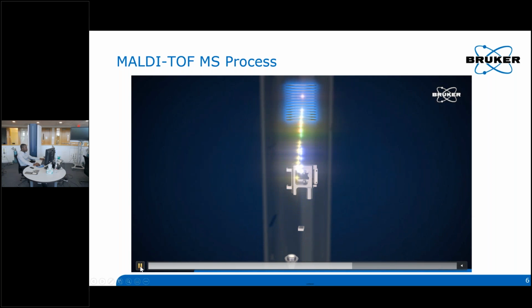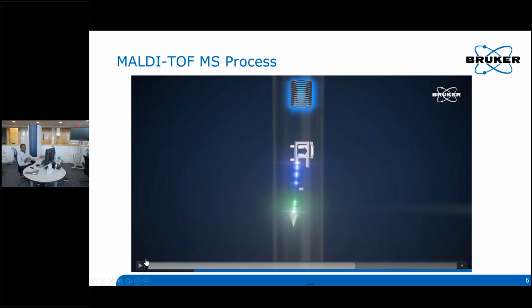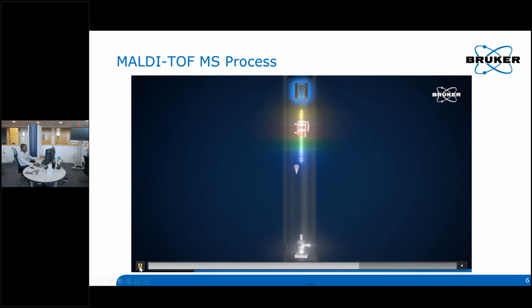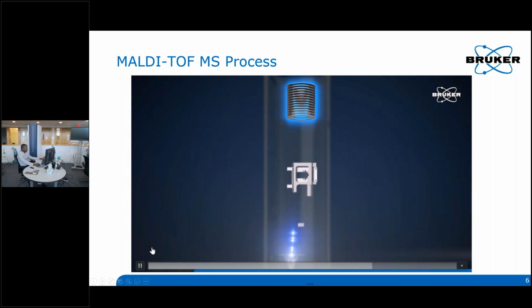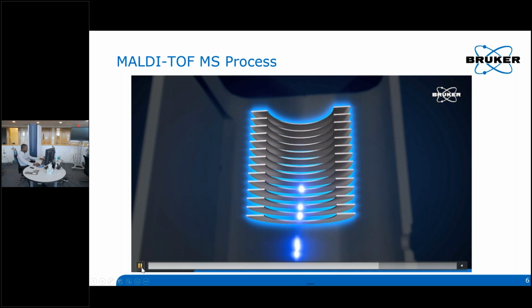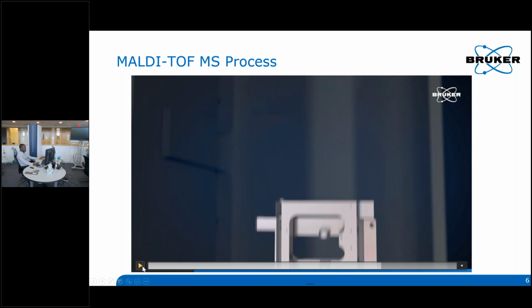And you can do this in two different modes: linear mode and reflector mode. In reflector mode, you have these reflector plates that divert the ions so that they fly towards the secondary detector that you can see here. This achieves two things.